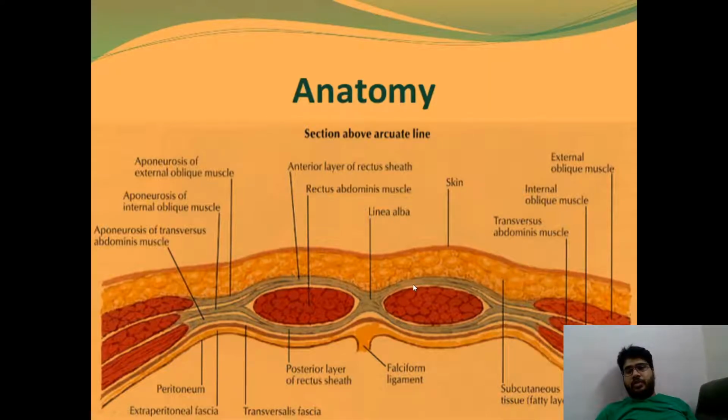Before studying the ways to apply a mesh, we should know the anatomy of the abdominal region. So this is the linea alba, this is the anterior rectus sheath, this is the posterior rectus sheath. If we go laterally, the anterior rectus sheath is formed by external oblique aponeurosis and a fiber of internal oblique aponeurosis.